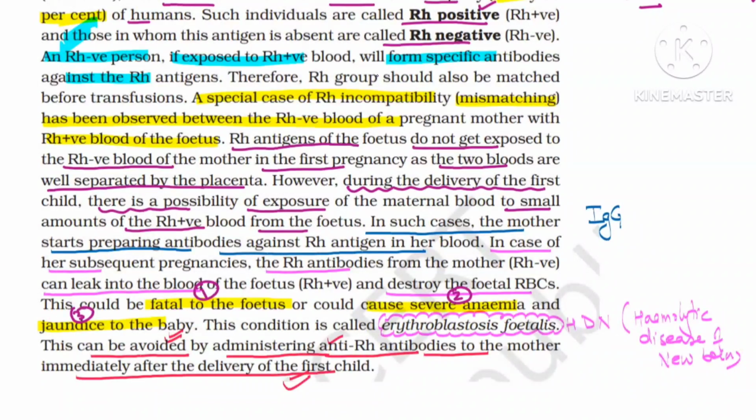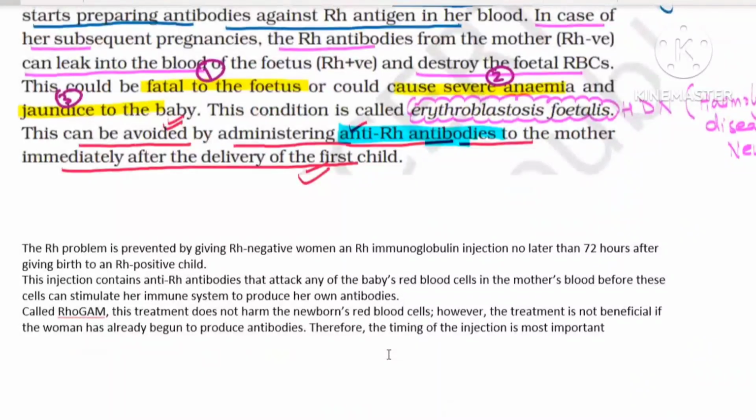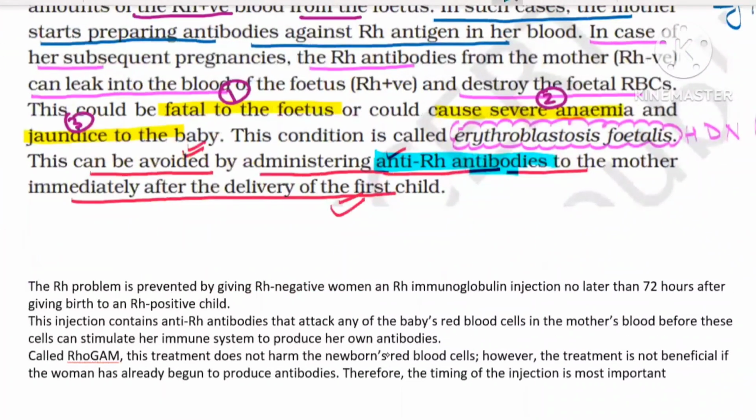Now, what are anti-Rh antibodies? Understand this here. This is a little bit out of NCERT, just to make you understand. Clear, beta? See, the Rh problem is prevented by giving the Rh negative woman an antibody injection.